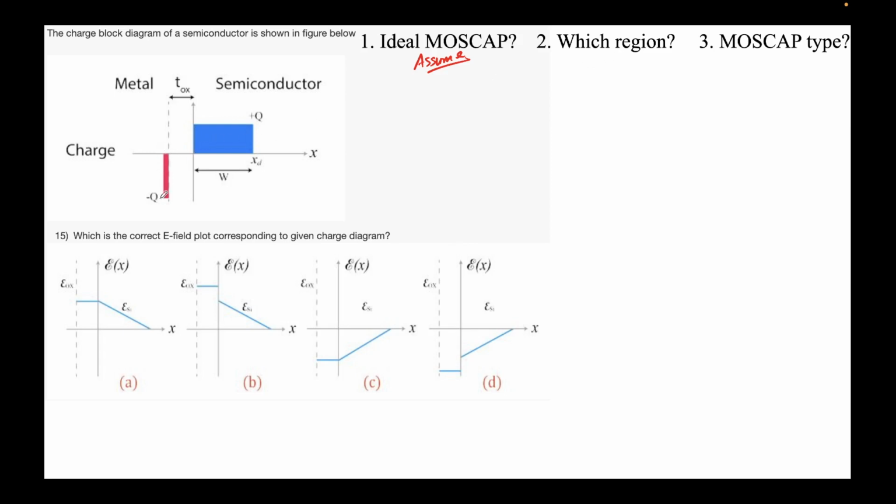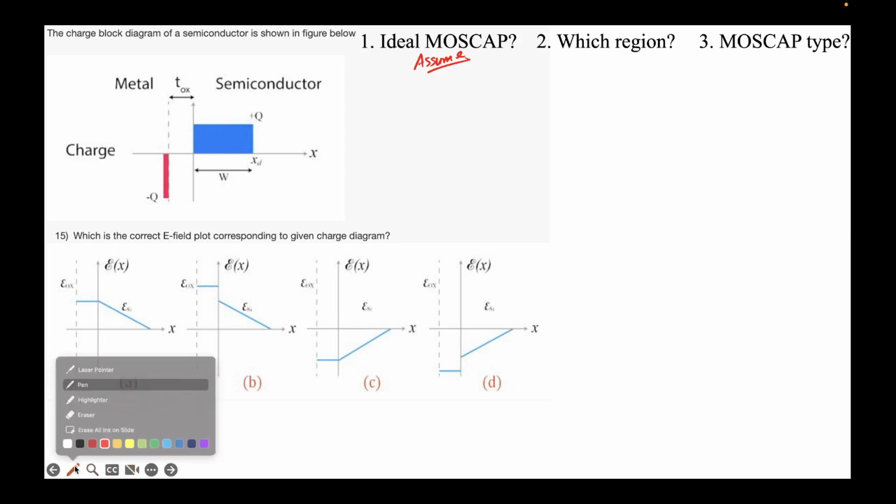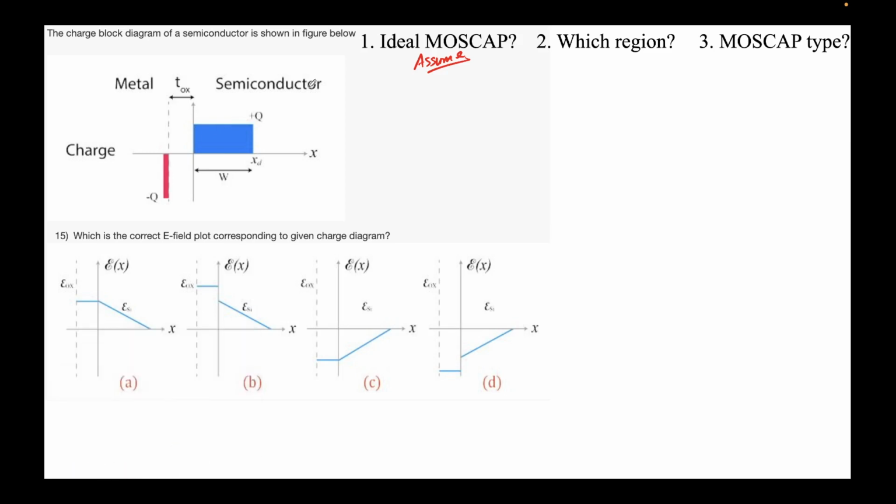You can see there's a negative charge that we have applied on the gate, and this is something called a depletion region. If this was accumulation, you would see charge only at the interface, only here. It's definitely not flat band, because in an ideal MOSCAP you don't see any charge in flat band.